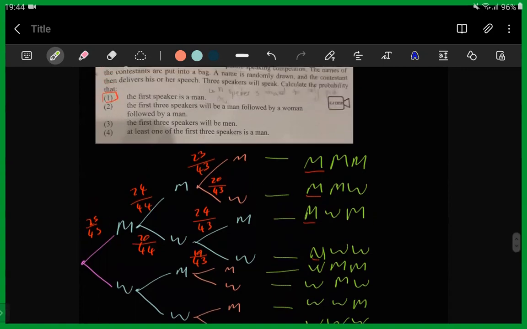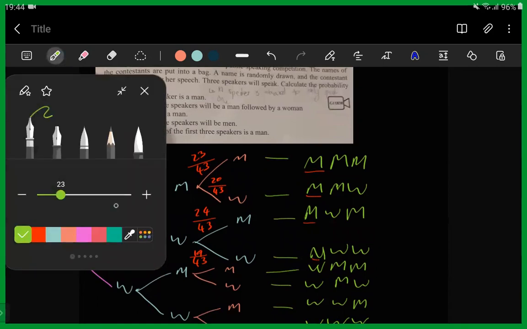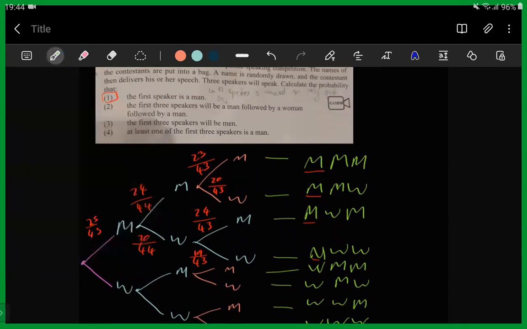The next one says we should calculate the probability that the first three speakers will be men followed by a woman. So this is going to be here.